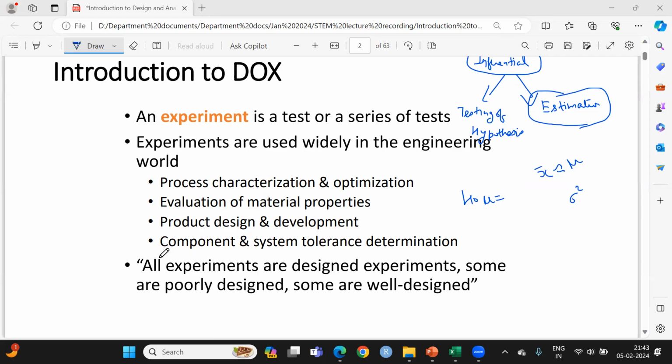The fourth is component and system tolerance determination. For example, if you want to test how durable your electric switch is, what we do is keep switching it on and off consistently. We want to cross check whether it is good quality or bad quality.